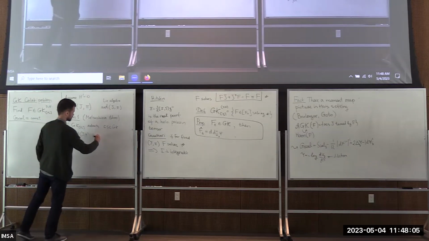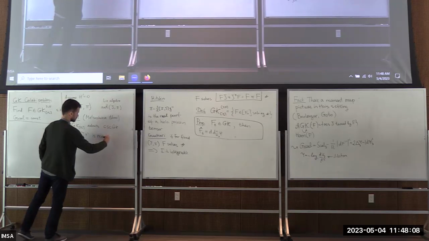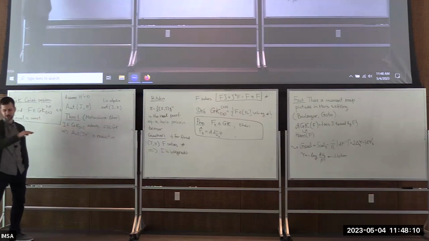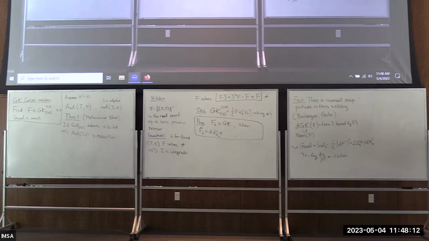It's a complex group, so what it really says is that it's a complexification of a compact real Lie group.